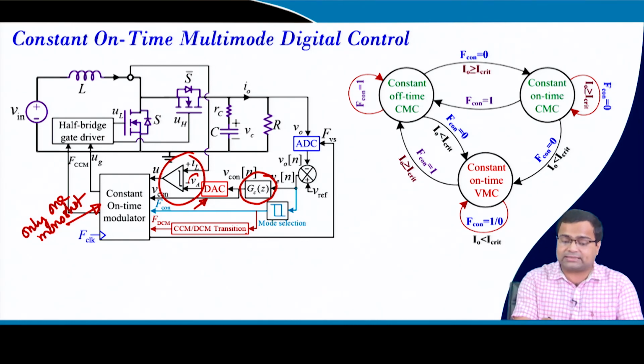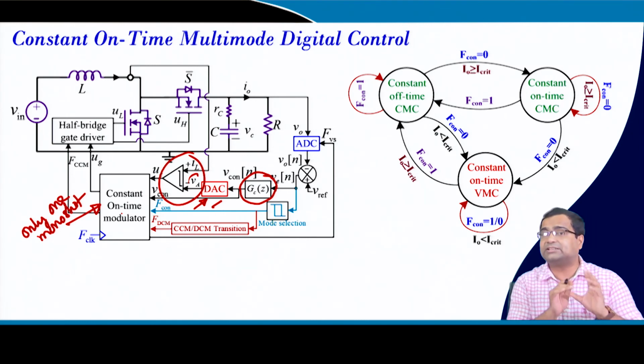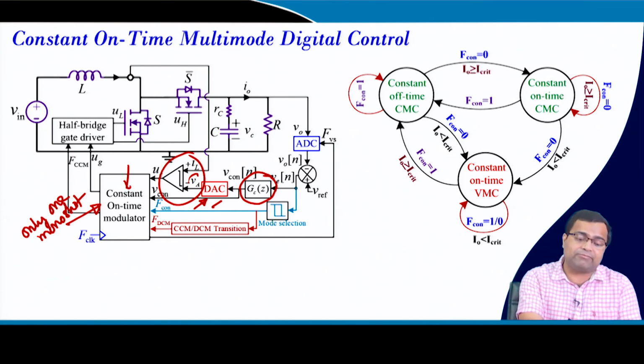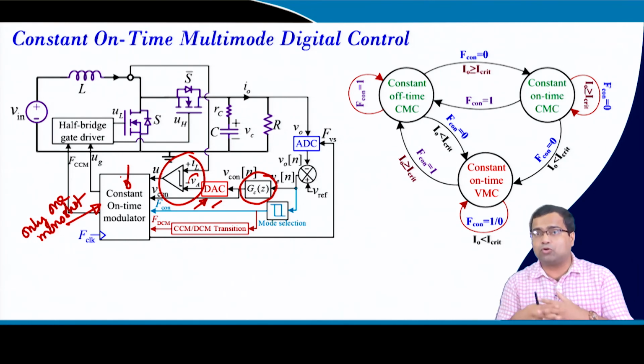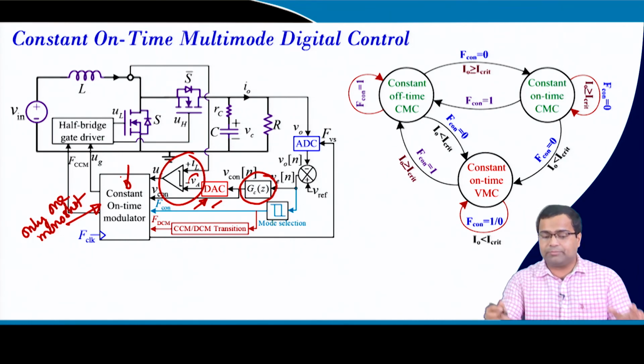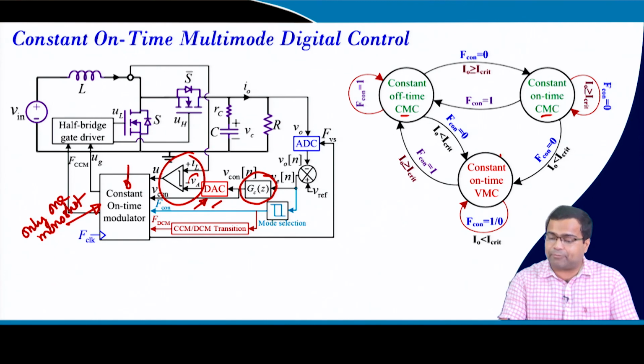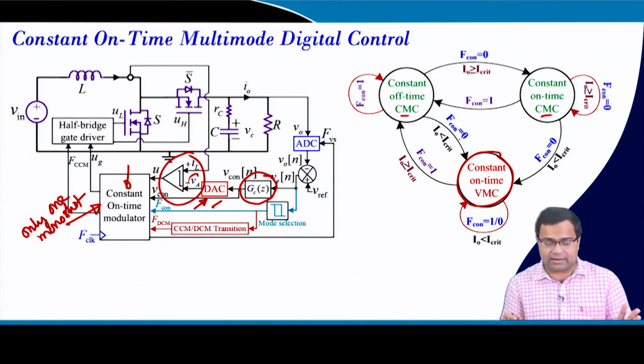Remember, in all cases our controller and the monoshot timer are common, only the timer value is updated. And when you go to discontinuous conduction mode, because it is current mode control, in DCM the current will be 0 at the base value, so then voltage based logic will be enabled.